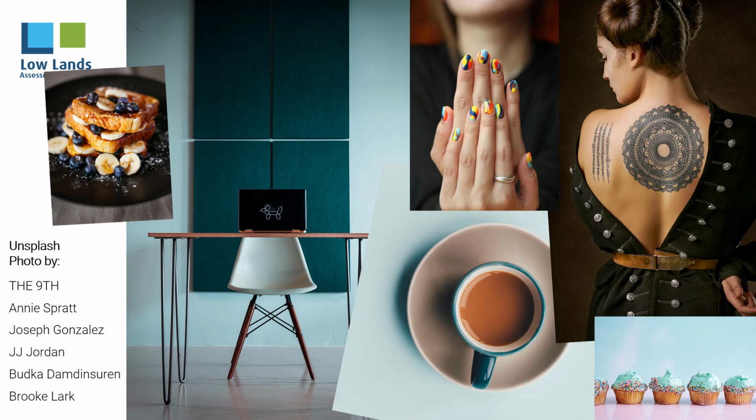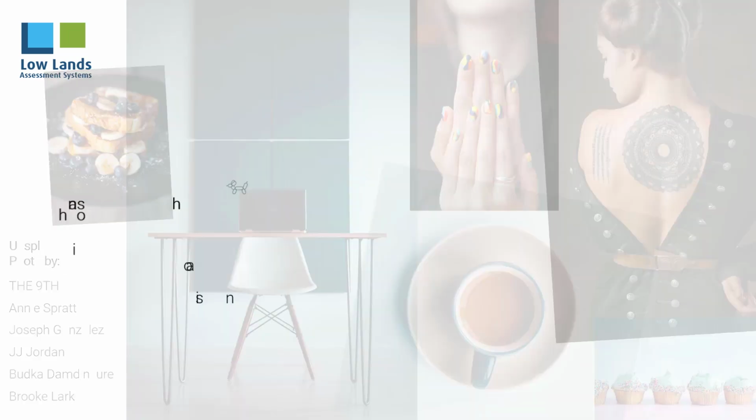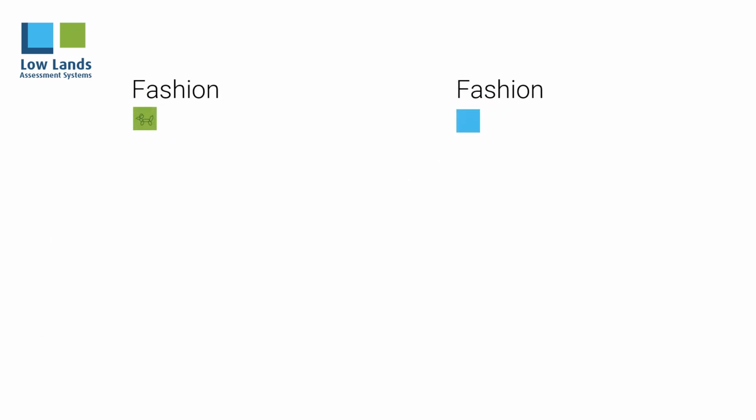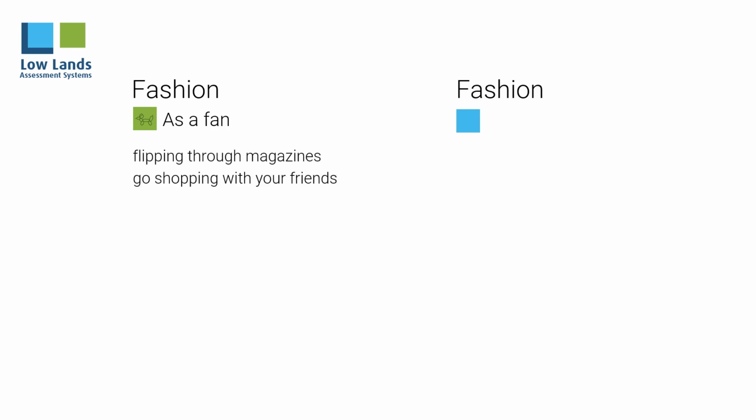As I said before, of course, any kind of creativity is related to a whole collection of professions and activities. Take fashion, for example. You can love fashion as an amateur, as a consumer and as a fan. You could be flipping through magazines, go shopping with your friends, attend a fashion show, and you could buy fashion stuff.